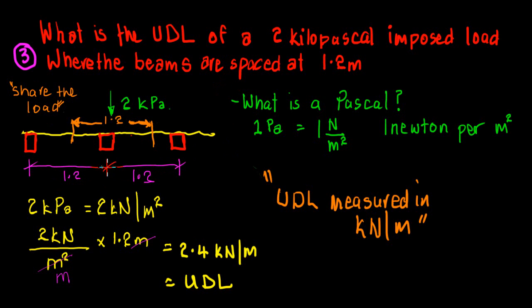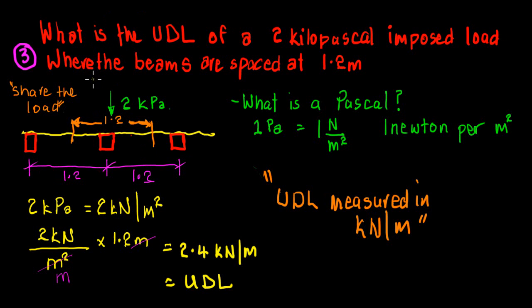Now note, I've used the spacing, but in reality, if we go halfway between each beam, that's the area each beam covers, which is actually equal to the spacing between the two beams. So that's how that's all worked out.